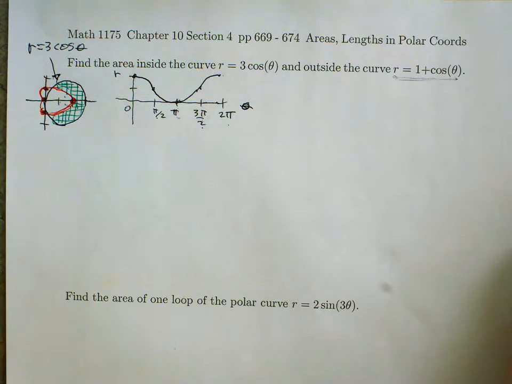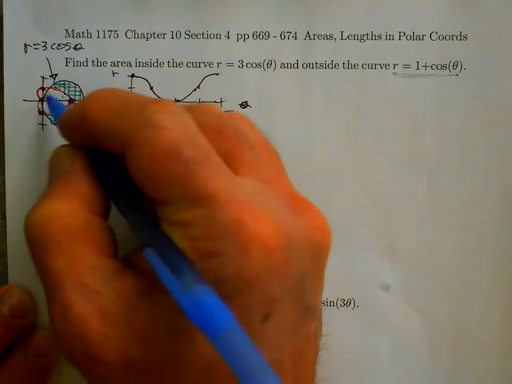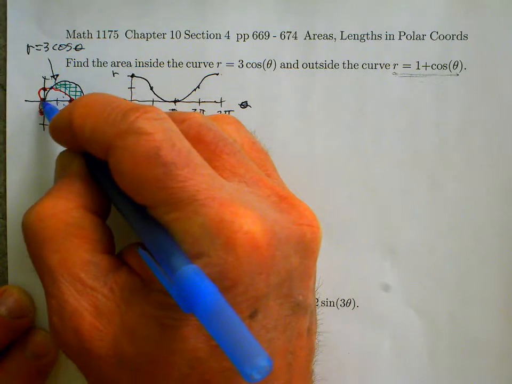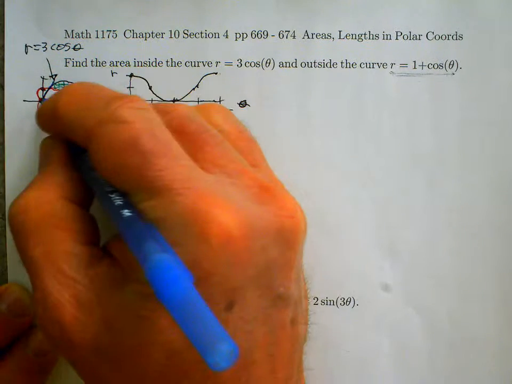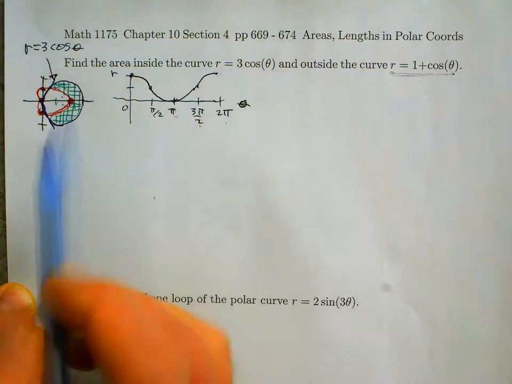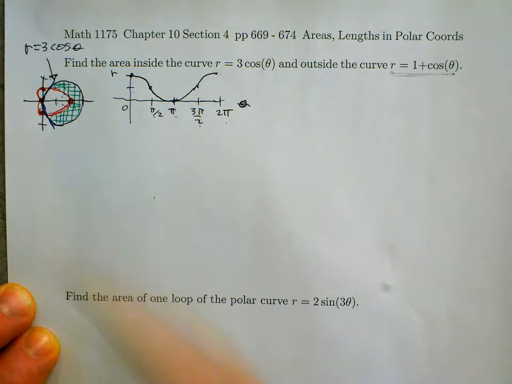So how are we going to find the limits of integration? There's a ray that intersects where the two polar curves intersect at both of those points. So we need to find the theta value at those two intersections.